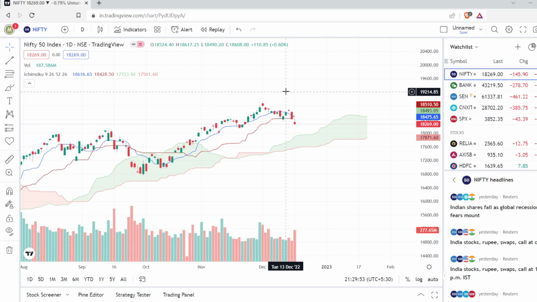When you are calculating a moving average, let's say a 9-day moving average, you are averaging the last 9 days' closing price of the stock, right? In this case, you are not averaging the closing price. In the case of the conversion line, you are averaging the last 9 days' high plus low by 2.